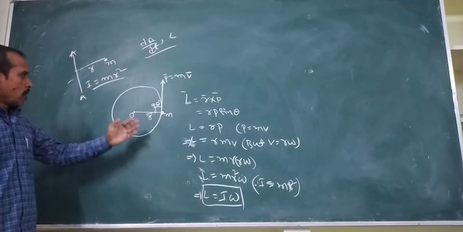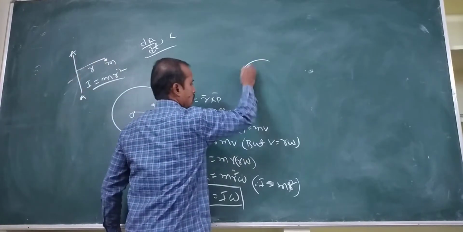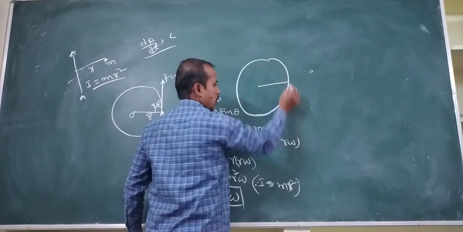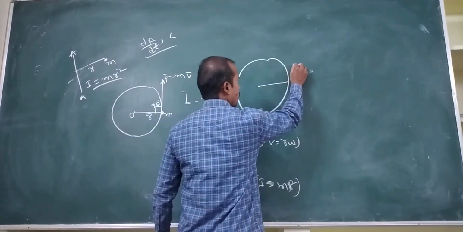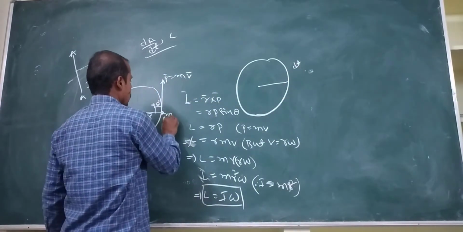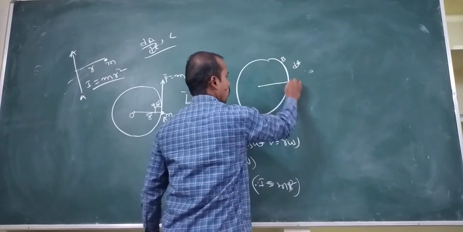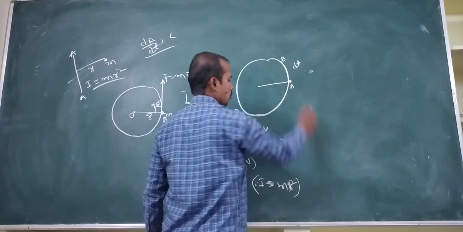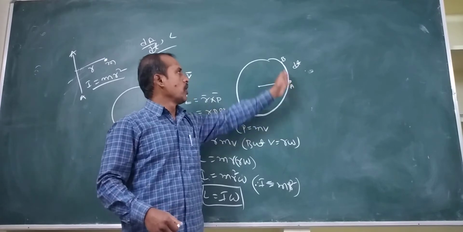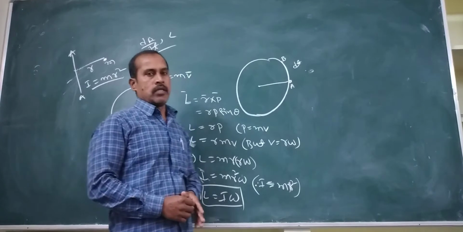But here, the particle is moving in a time interval delta t, here dt, for example, from A to B. The particle is moving from A to B in time interval dt.